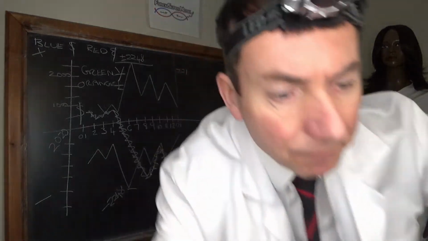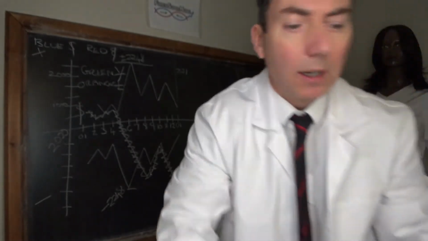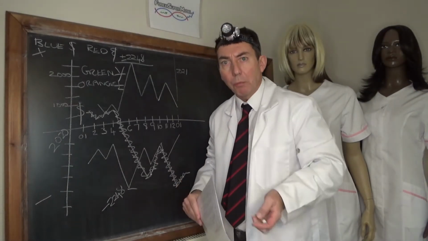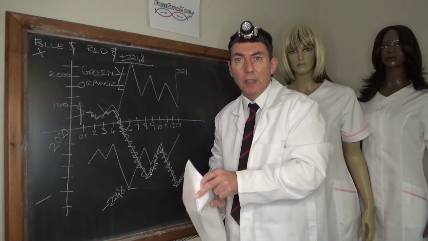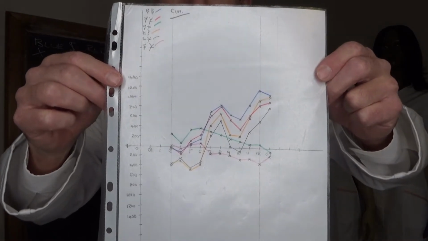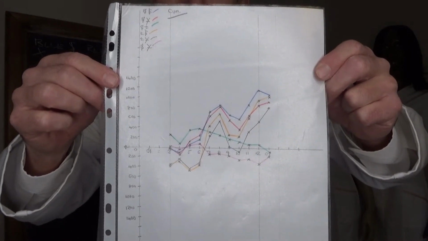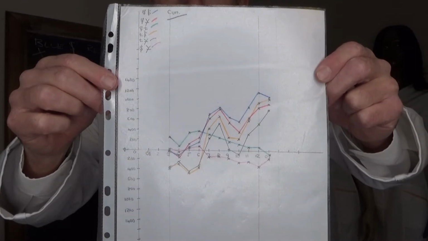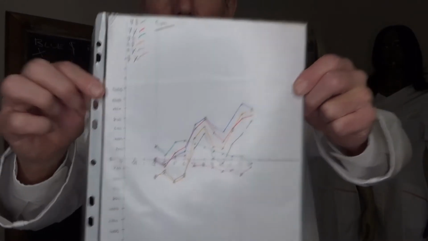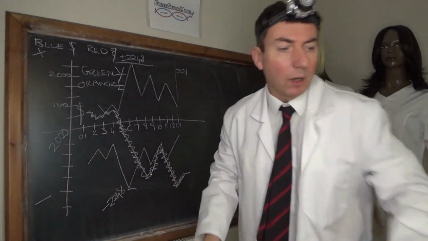Now if you then actually plot the individual pairs on a cumulative basis, you end up with something like this. Now you can see, we'll talk about those in a minute, but basically that's what we're after.